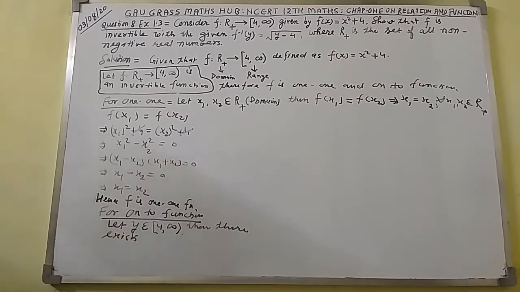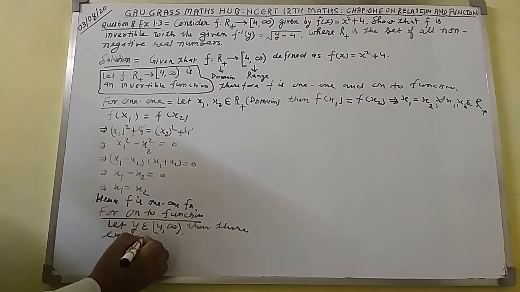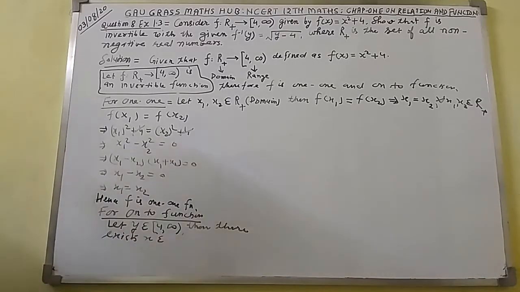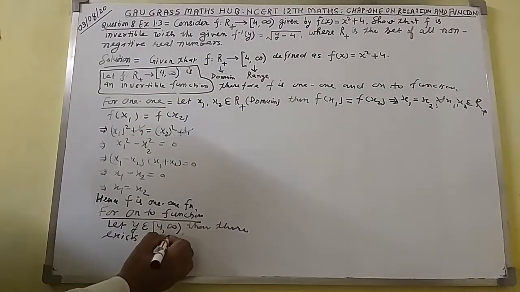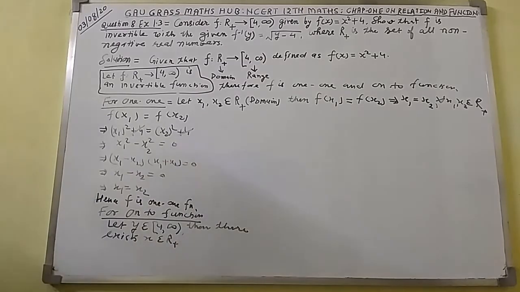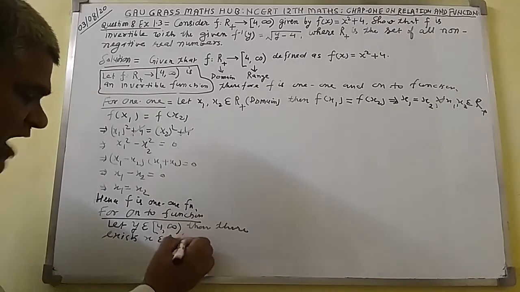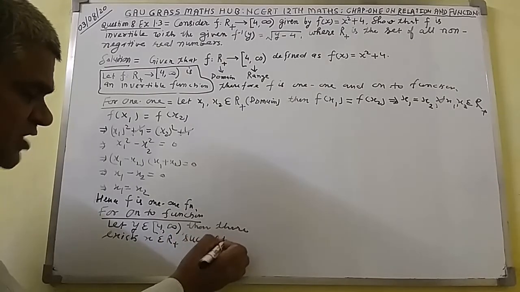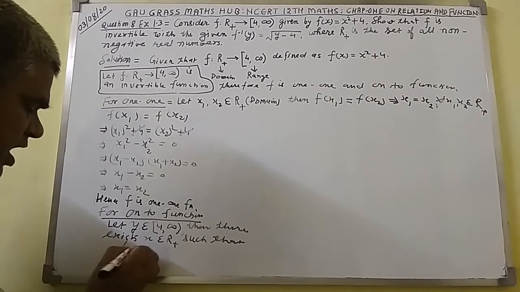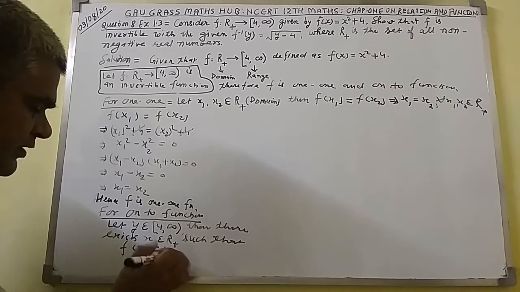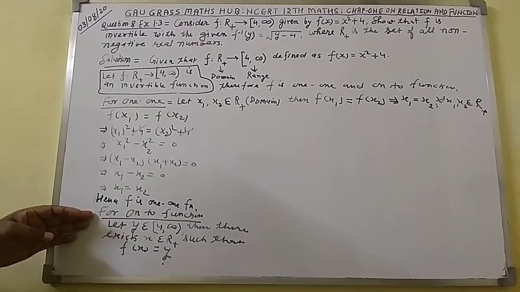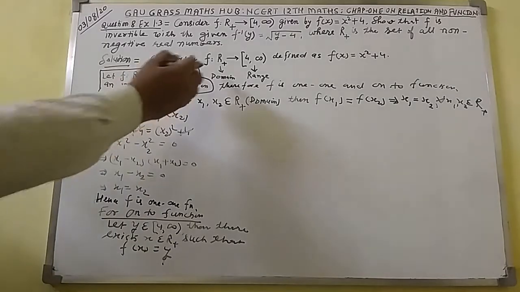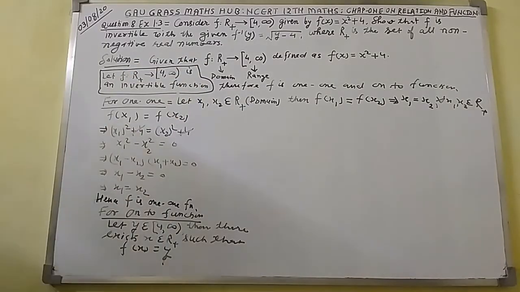If this statement is there, then there exists x belong to domain, x belong to domain such that f(x) is equal to y. This is the statement you have to write in order to prove this function as onto function.